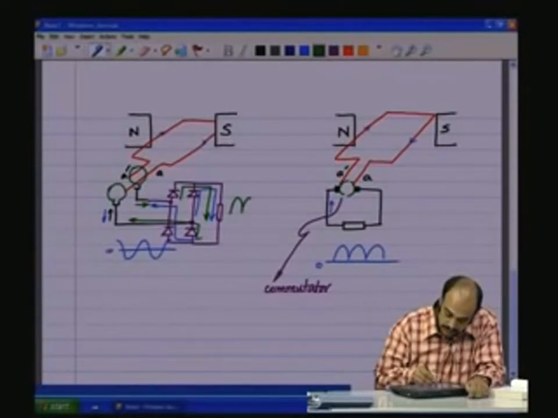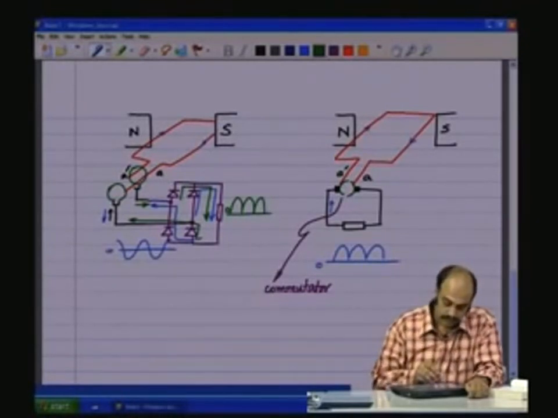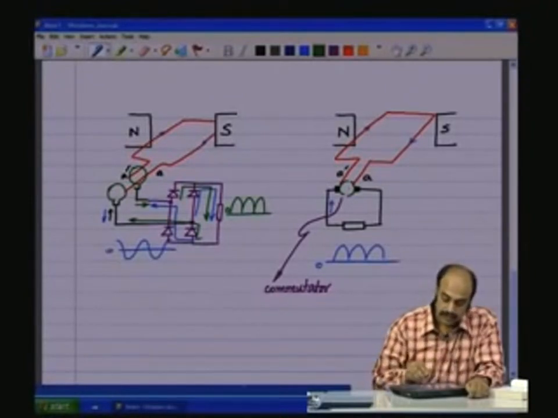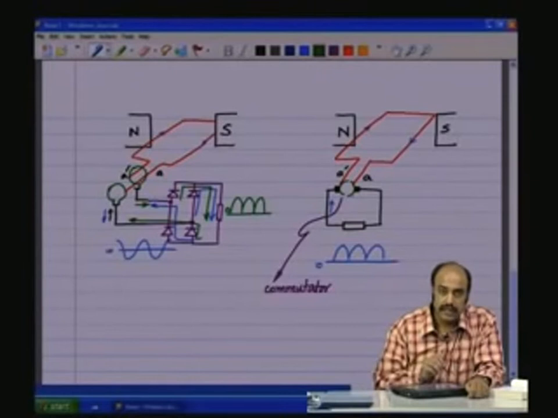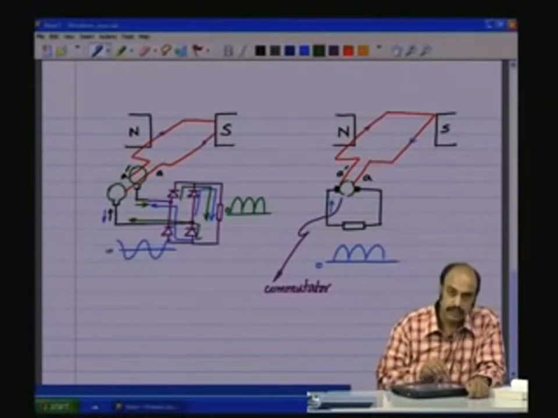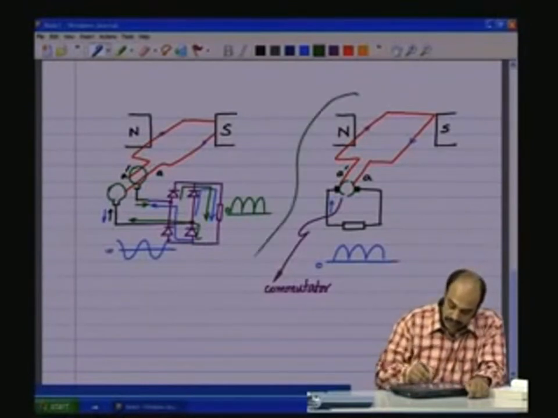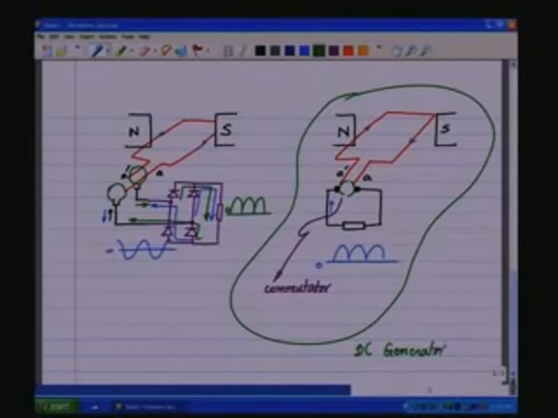So you will have a waveform like this, unidirectional. So a full wave rectifier diode bridge does the same job that the commutator was doing in the case of this machine. So in this machine you do not need an external diode bridge, whereas in this machine to get a DC output you need a diode bridge. So this machine along with the commutator is called the DC generator.